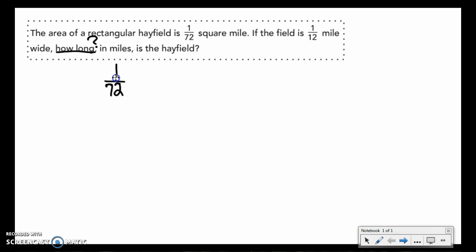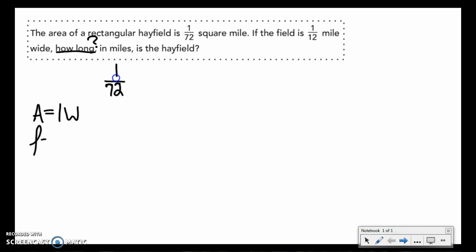Well, we've come up with this before. We know how to find the area of a rectangle: area equals length times width. But right now we know what the area is and we know what the width is. So what we're trying to figure out is the length.